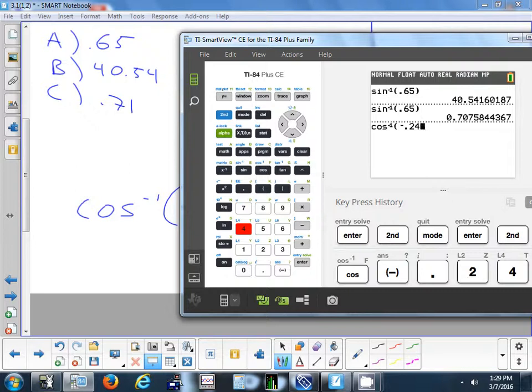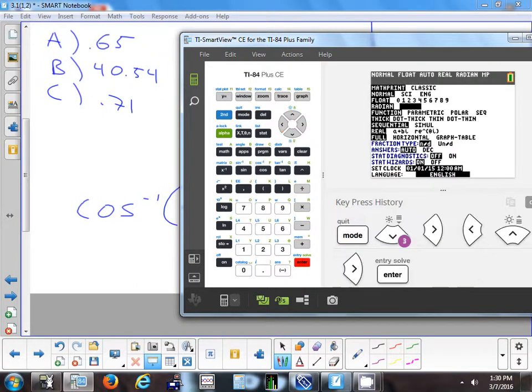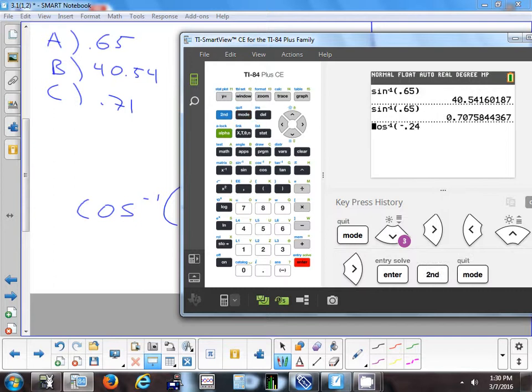Did anybody try it in radians and see what they get? Jamie, did you get an answer? You did it in degrees? What did you get? 76.1. Okay, let me check. I got 132. So you see what happened? Yeah, it's 103.89.